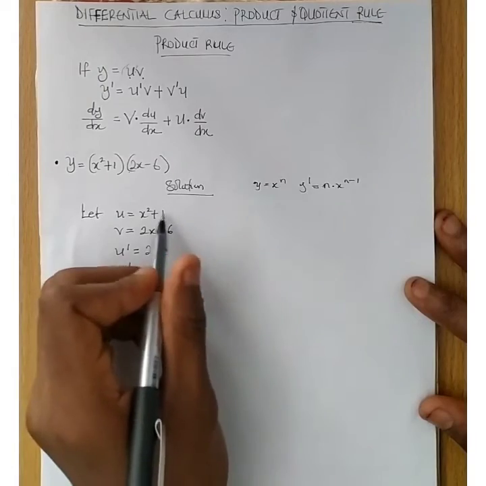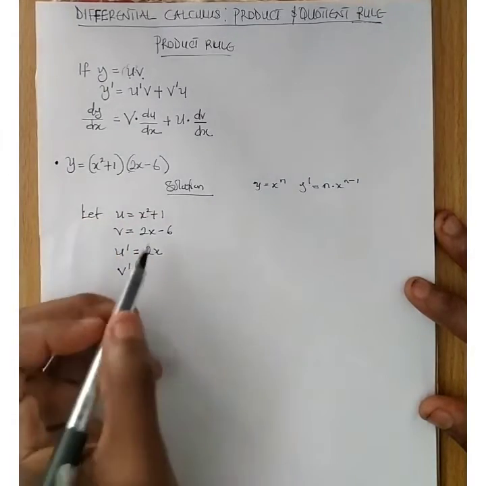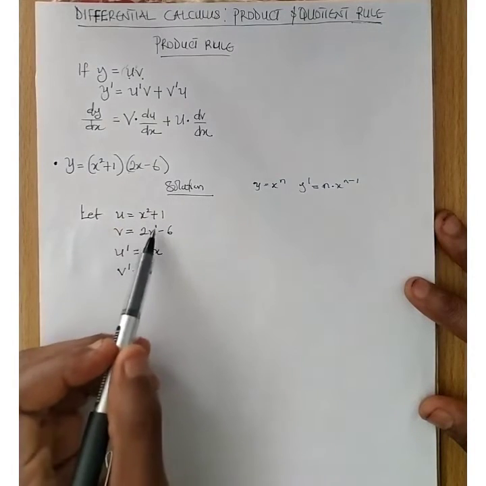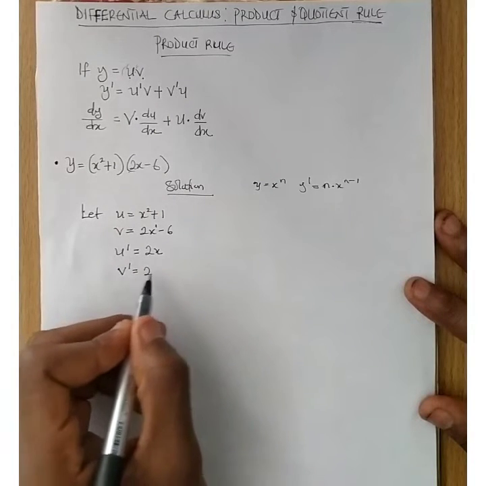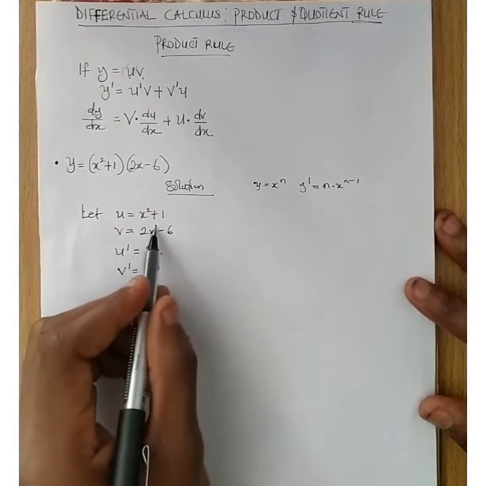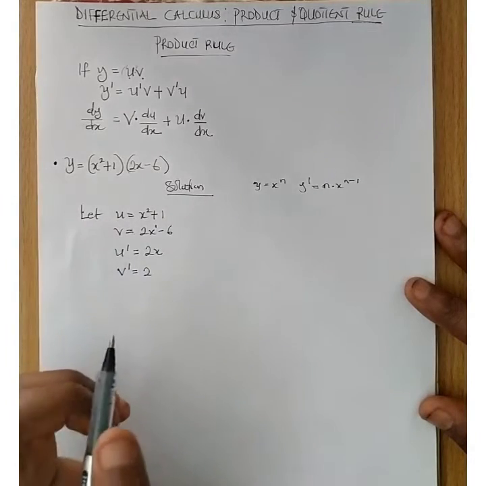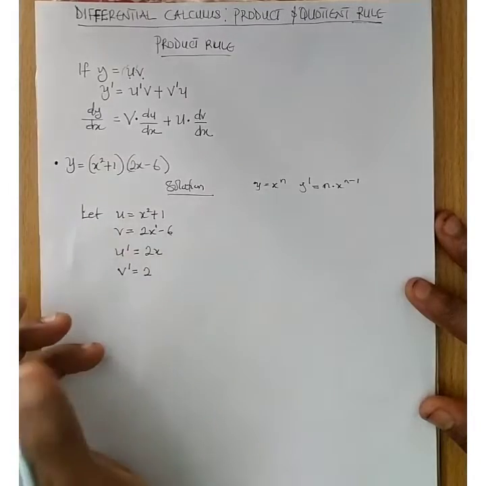When you differentiate a constant, you get 0. So this 2x plus 0, I don't need to write it. Now what about this? The power here is power 1, right? 1 times 2 gives me 2. 2 times x is 2x raised to power 1 minus 1. 1 minus 1 is 0. So x raised to power 0 is 1, and 1 times 2 gives me 2. So every other thing is gone. This is a constant, it is gone.